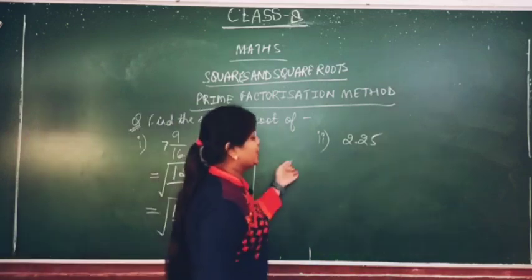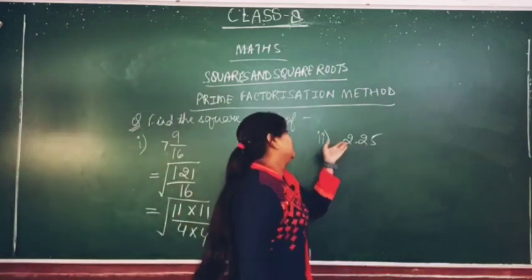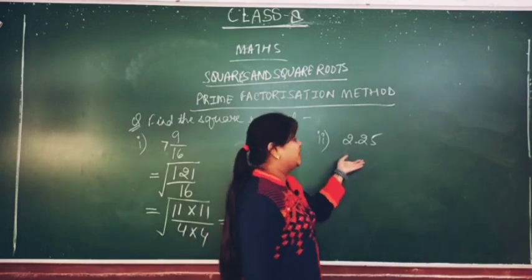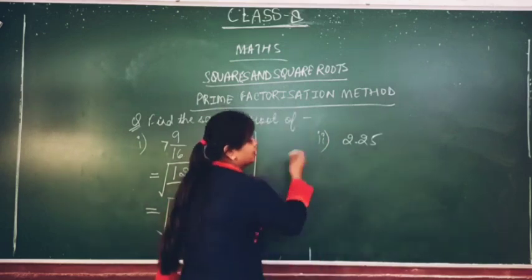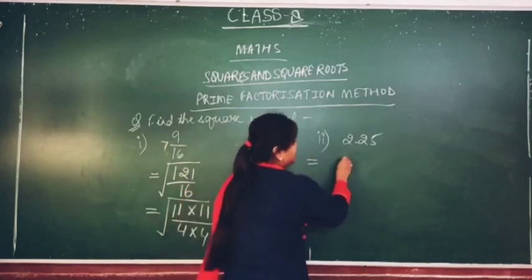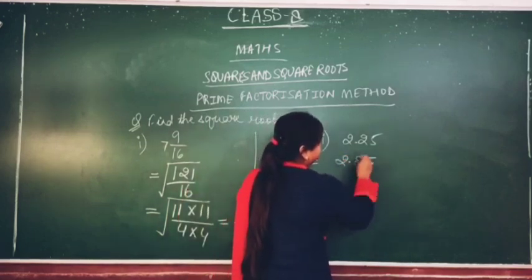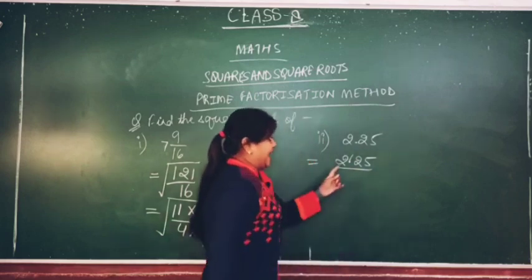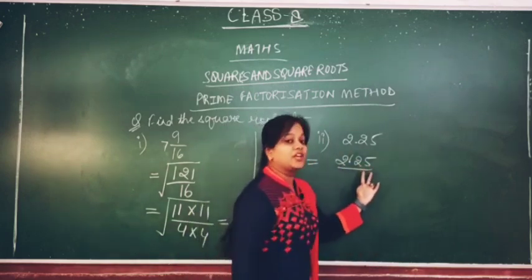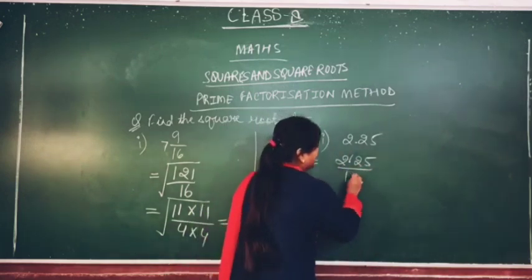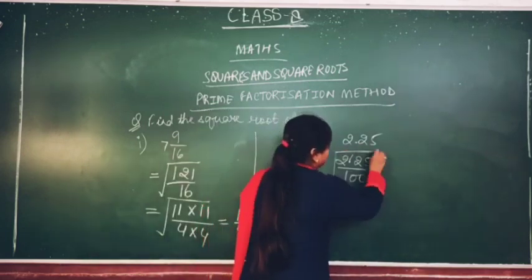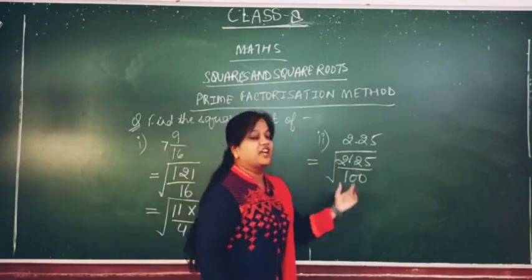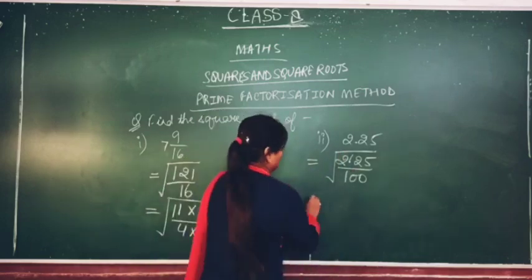Now in next part, we have to find the square root of a decimal number, which is 2.25. For this, firstly we'll remove the decimal part. After decimal sign we have 2 digits, so we'll get here 100. Now we have to find the square root of 225 upon 100.